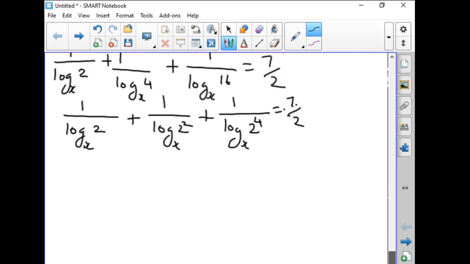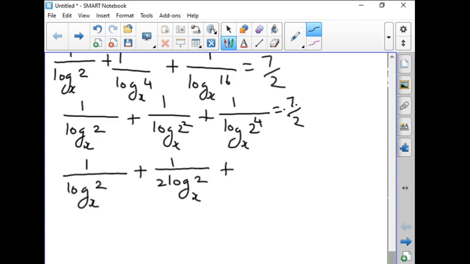So now using power rule, first term you write as it is. Second term can be written as 1 by 2 log 2 to the base x, and the third term can be written as 1 by 4 log 2 to the base x is equal to 7 by 2.